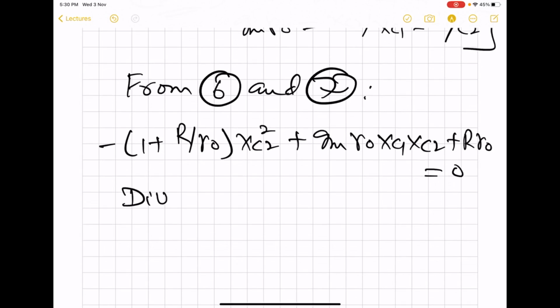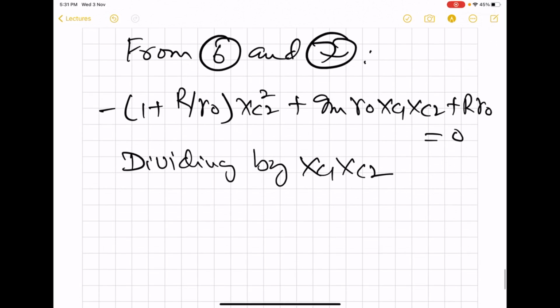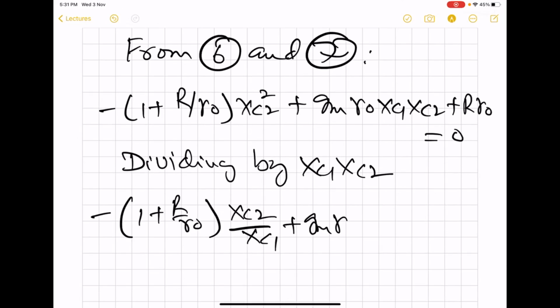So we get minus 1 plus R by R naught into XC2 by XC1 plus GM R naught, R R0 divided by XC1 XC2.